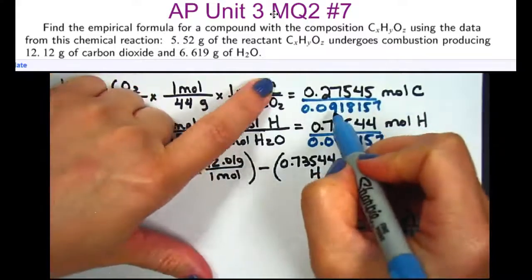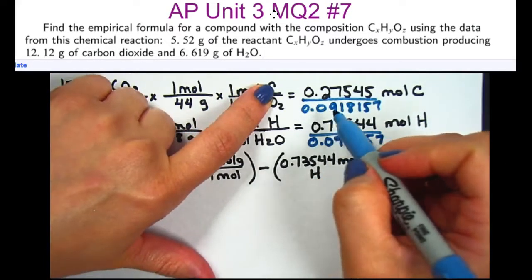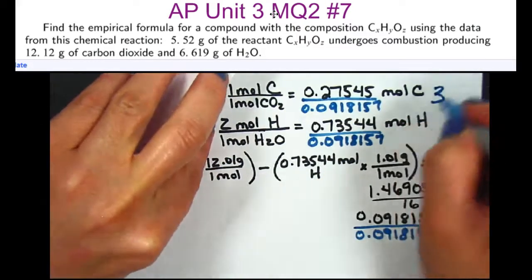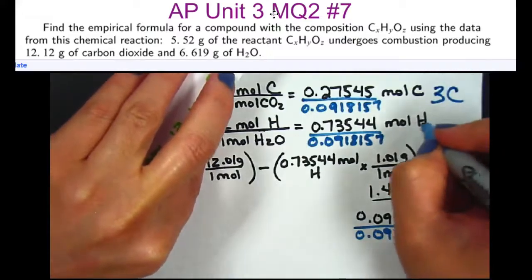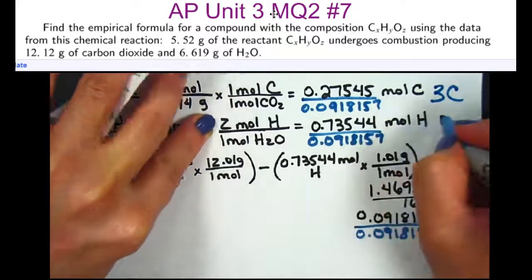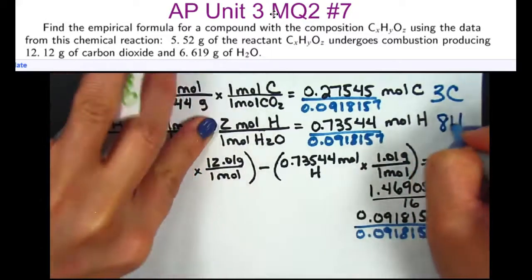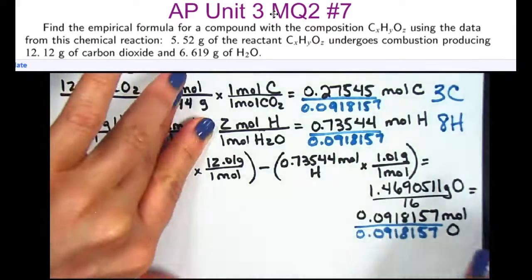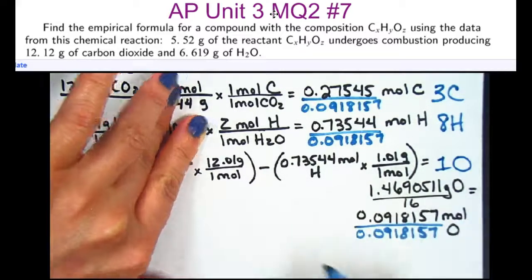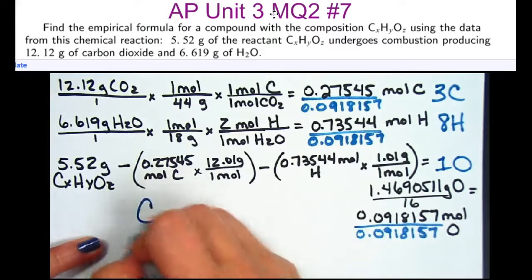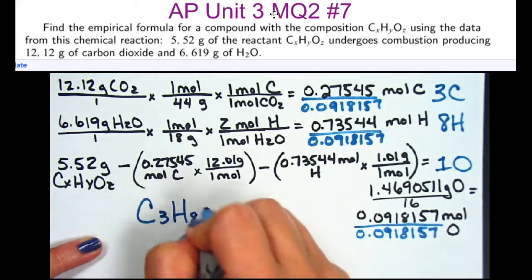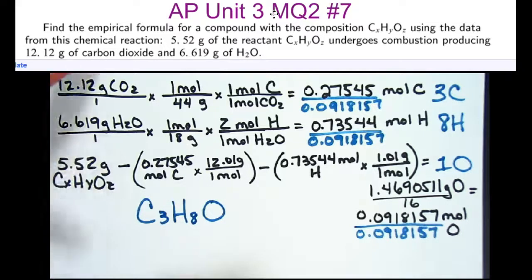So when I divide these two values, it gives me 3 carbons, and dividing these two values gives me 8 hydrogens, and of course dividing these two values gives me 1 oxygen. So our empirical formula is C3H8O, which is going to be letter C.